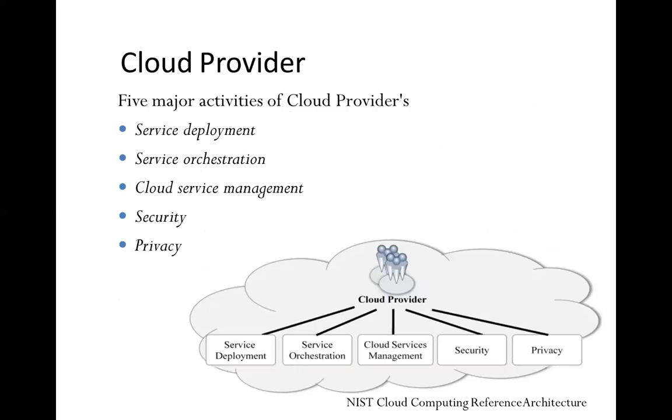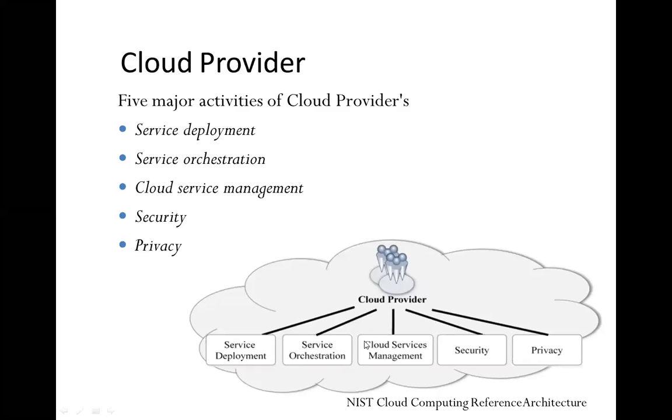Cloud provider. The five major activities of the cloud provider are service deployment, service orchestration, cloud service management, security, and privacy. You can see in the diagram that the cloud provider is providing service deployment. It will provide the services.